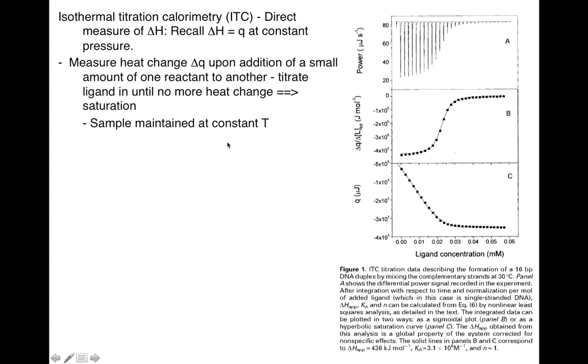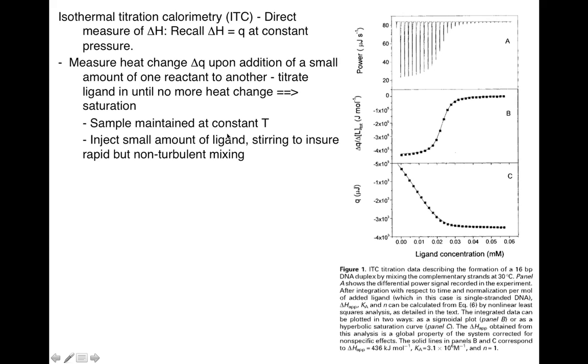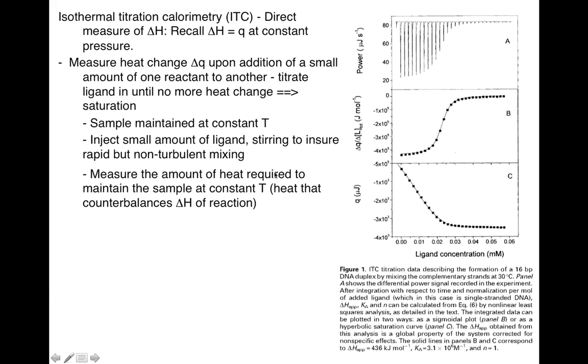So what happens in this procedure is that we maintain the sample at a constant temperature and we inject a small amount of the ligand, and it's stirred to ensure it mixes rapidly. And we can measure the amount of heat that's required to maintain the sample at constant temperature.